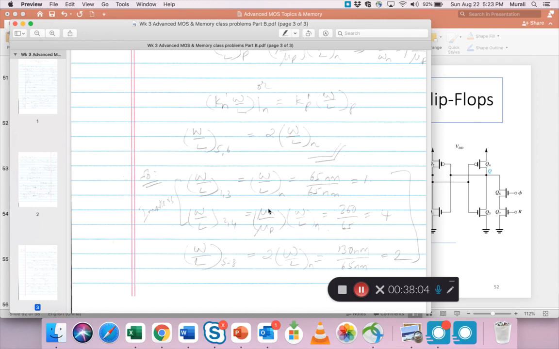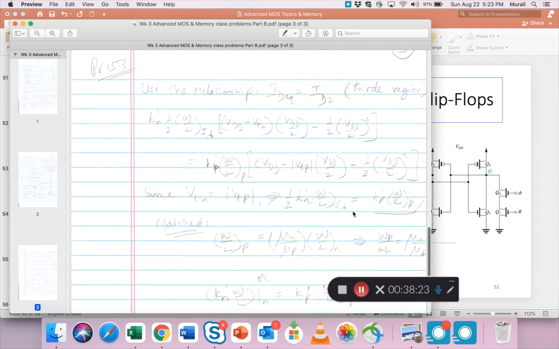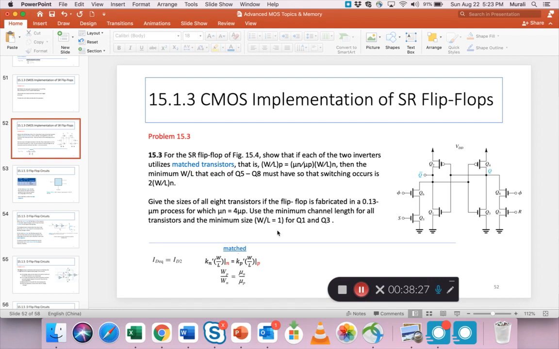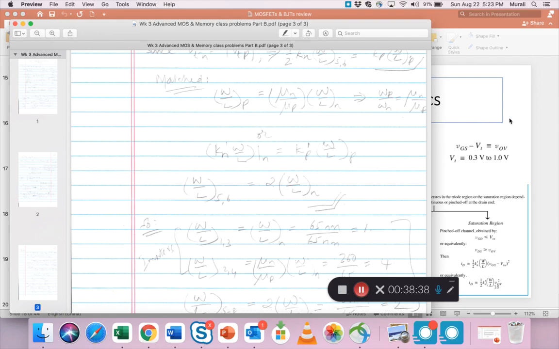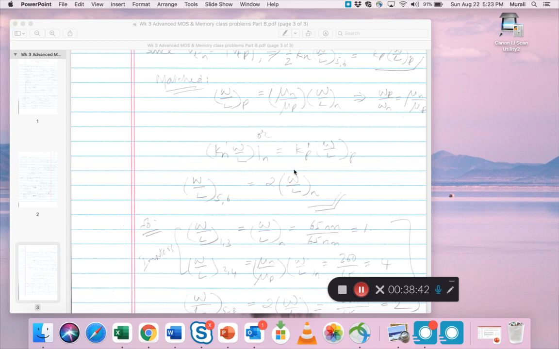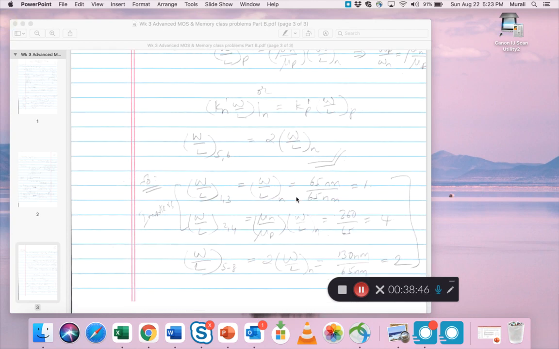Similarly, W by L 2 by 4 is this ratio into this, and mu N by mu P equals, so this whole thing is 260 by 65, because we are told that mu N equals 4 mu P. So if you put 4 times on the numerator, 4 times 65, that becomes 260 by 65, and hence the ratio itself is 4.